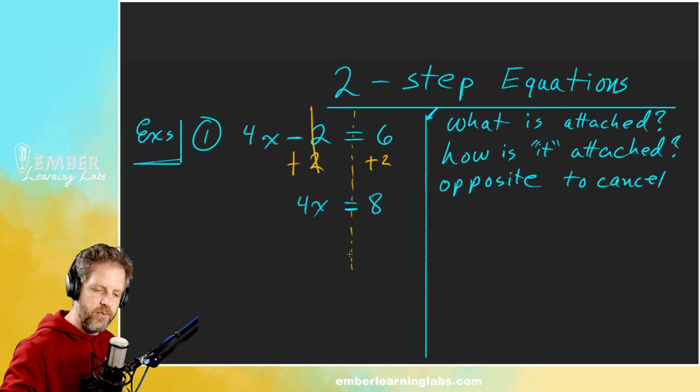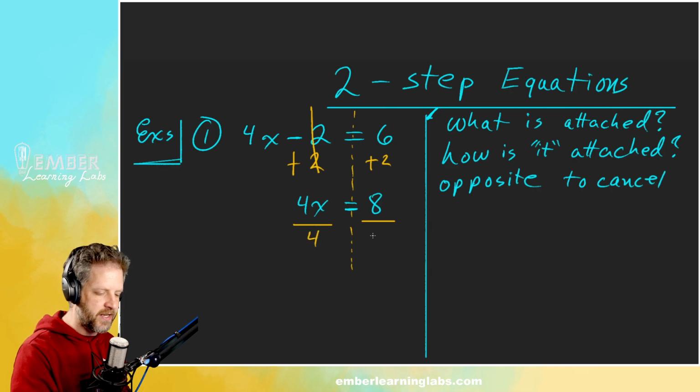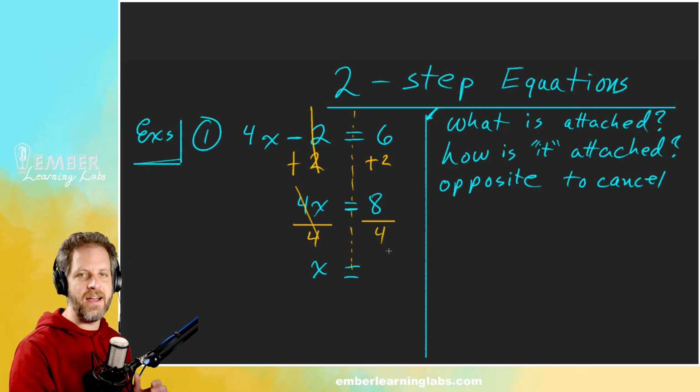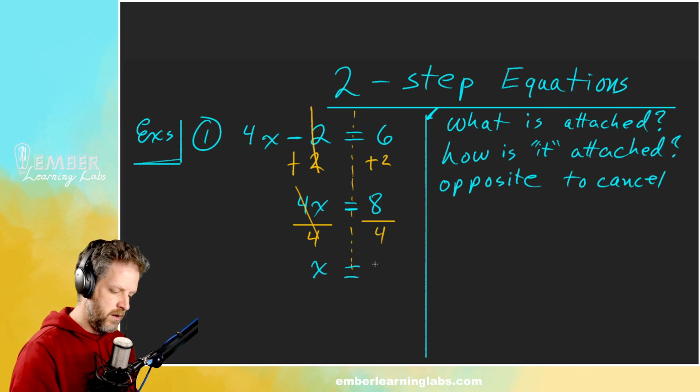Multiplication, I believe. Correct. So how do we get rid of it? We got to do the opposite to get rid of it, right? So it's multiplied, so we got to divide to get rid of it. So now that 4 cancels. And we've got x left. And what's 8 divided by 4? 2. It is 2.